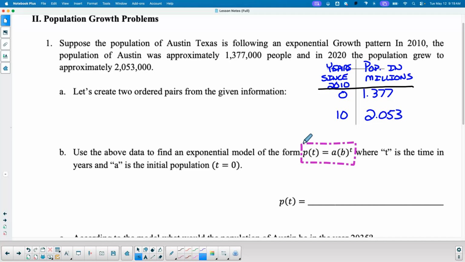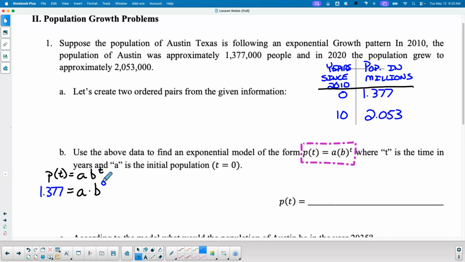One of the reasons why we made that first one be a 0 value since 2010 is because then I can say 1.377 is equal to my a value times my b value to the 0 power.